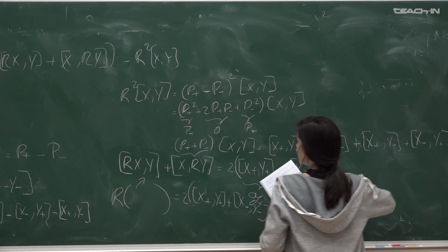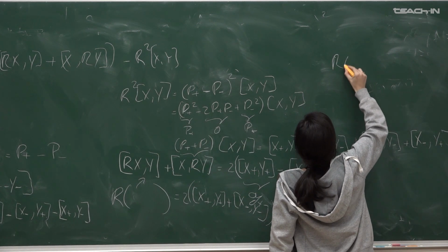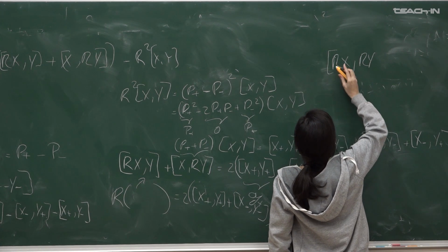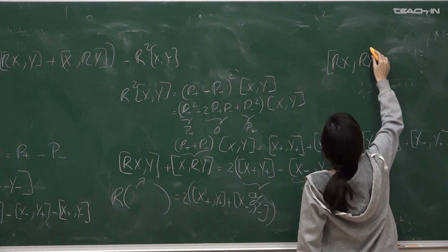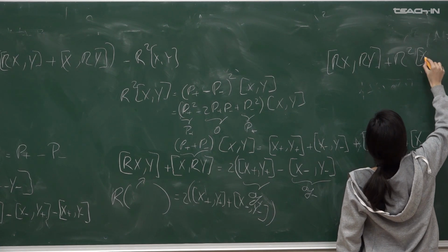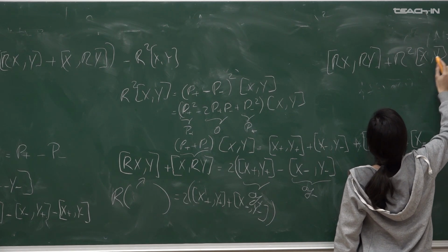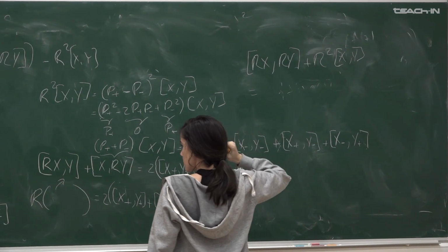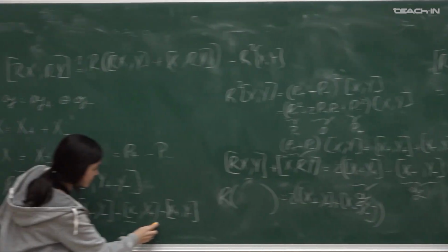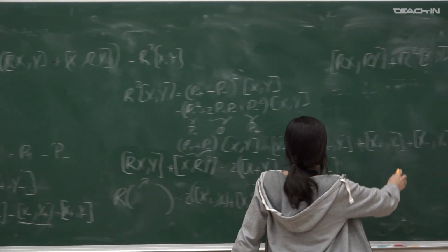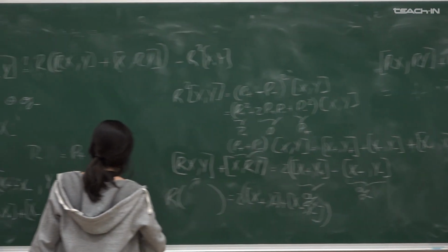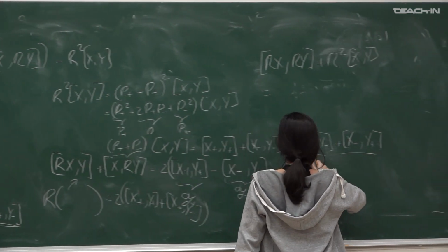Now we have to write this plus this. And we can see that this term is the same as this one but with the sign inverted. Also this one is the same as this one.